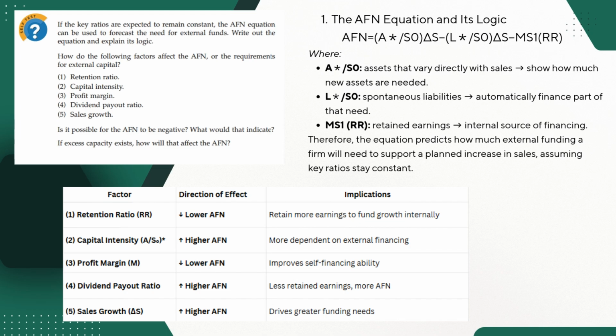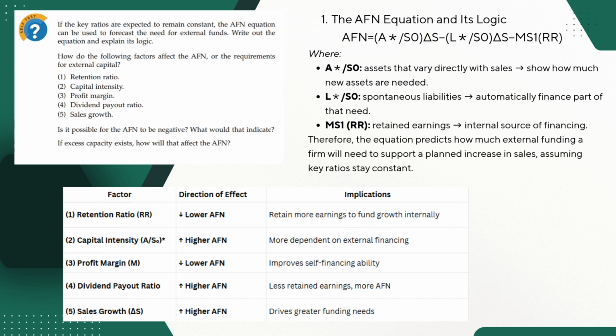How do the following factors affect the AFN or the other requirements for external capital? For retention ratio, capital intensity, profit margin, dividend payout ratio, and sales growth. Is it possible for the AFN to be negative? What would that indicate? If excess capacity exists, how will that affect the AFN? So let's solve one by one.